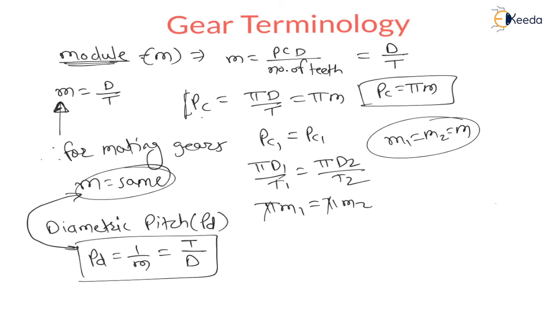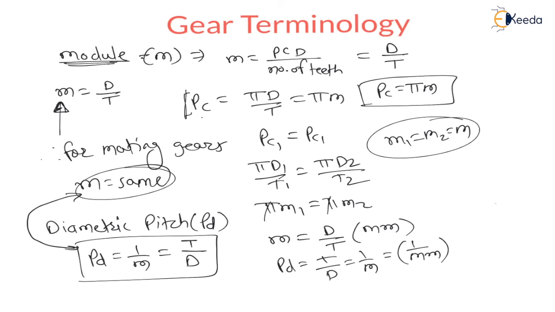Now what is the unit of module? Module is pitch circle diameter divided by number of teeth, therefore mm. And the unit of diametric pitch is number of teeth divided by pitch circle diameter, which is 1 upon m, which is 1 upon mm. Here m is not meter, it is module, right?